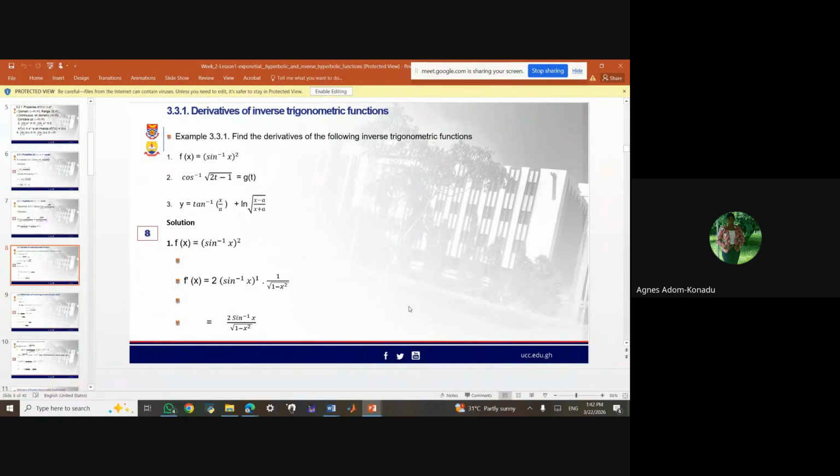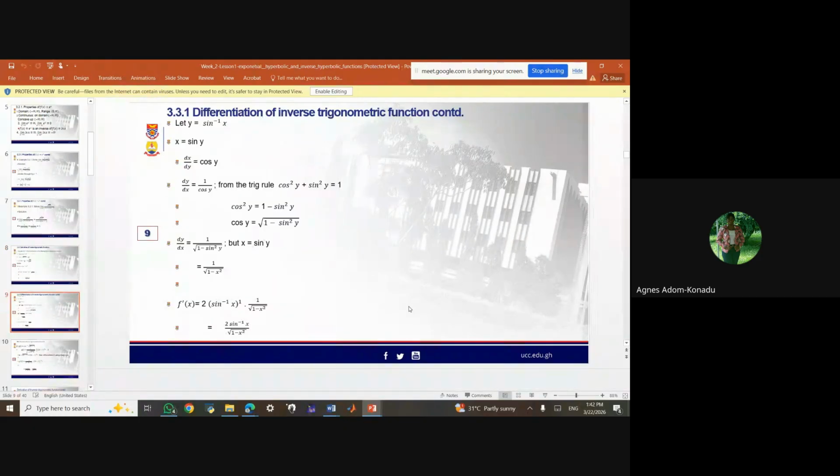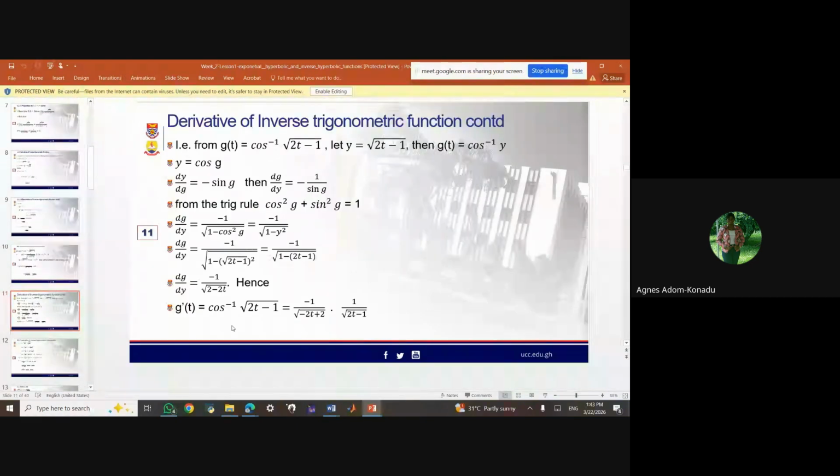For example, if you have the integral of 1 over square root of 1 minus x squared or something like that.